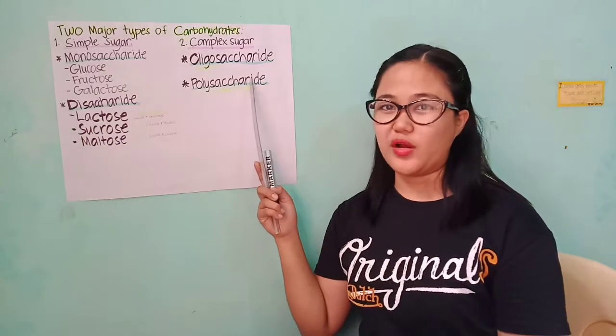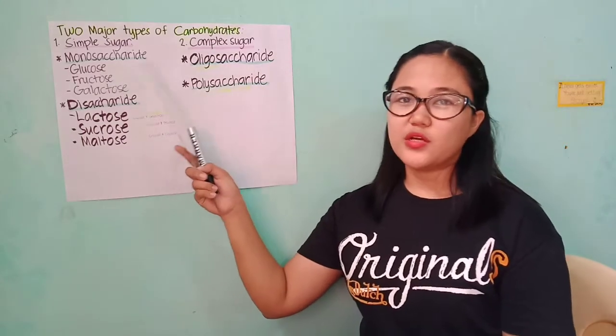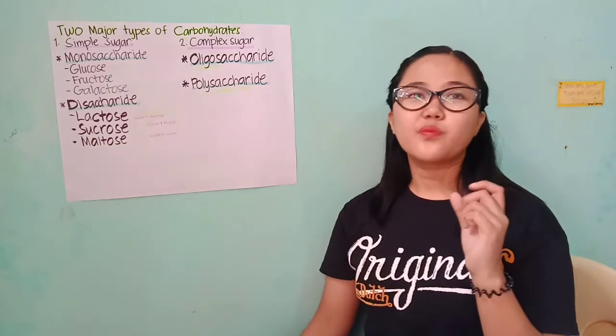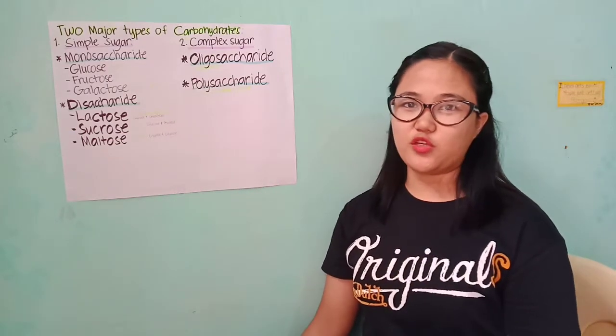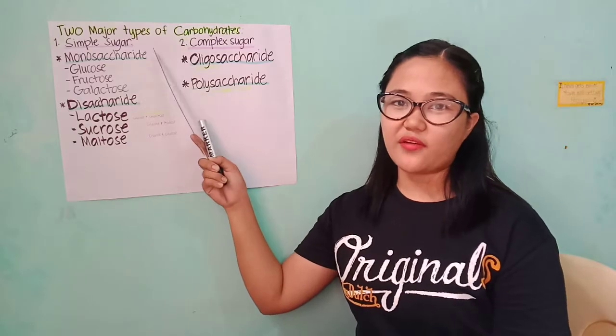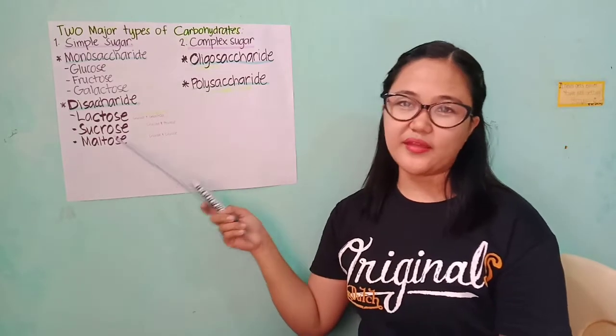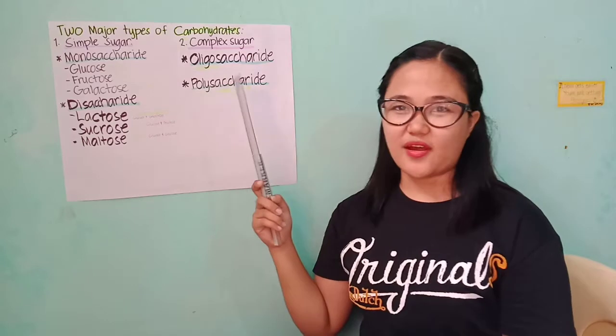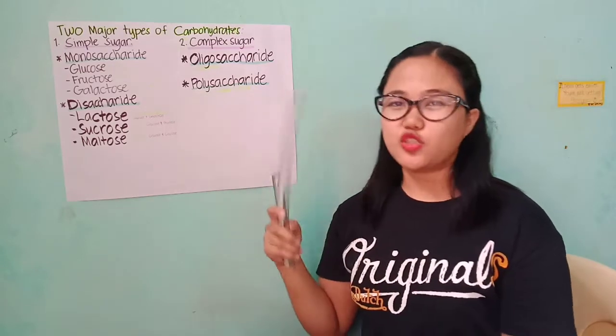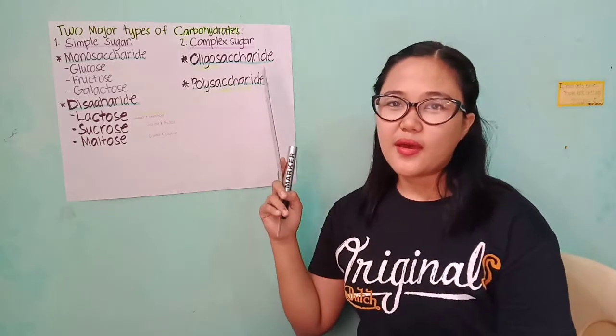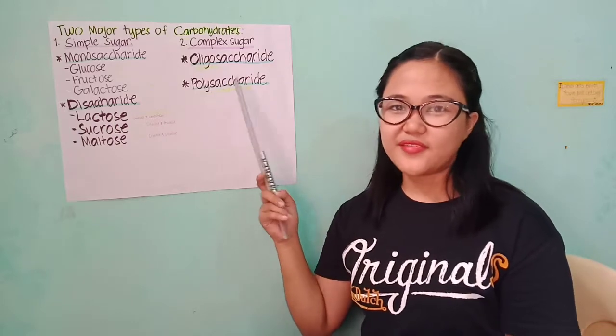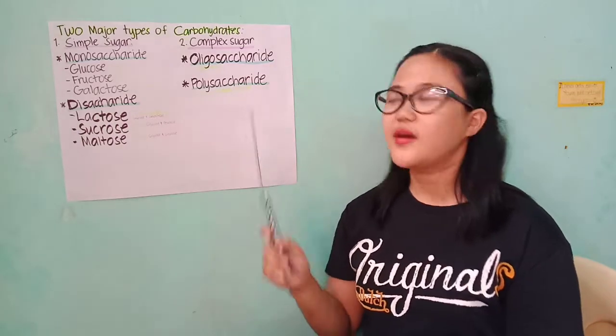Simple sugars consist of one or two sugar molecules, which are the monosaccharides and disaccharides. Complex carbohydrates are composed of three or more sugar molecules, like oligosaccharides and polysaccharides.